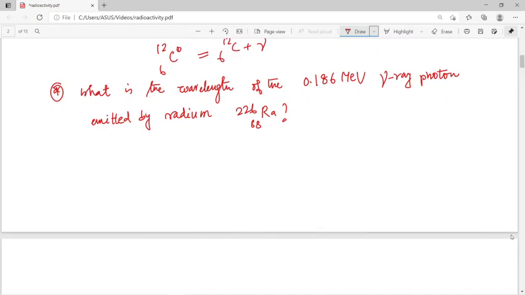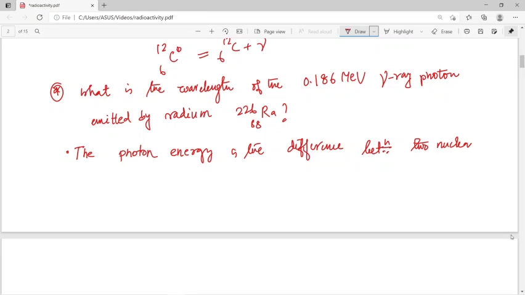We know that the photon energy is the difference between two nuclear energy levels.